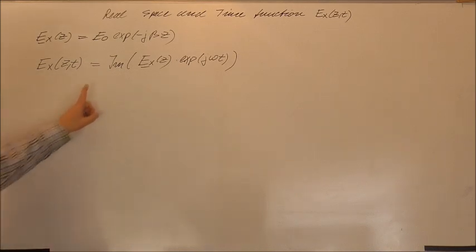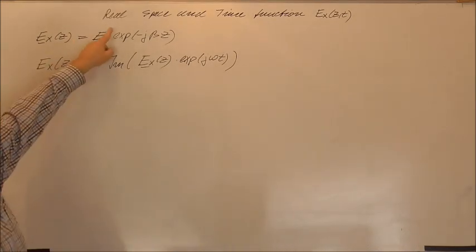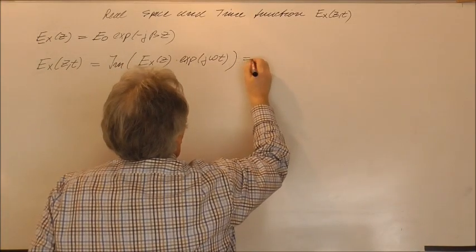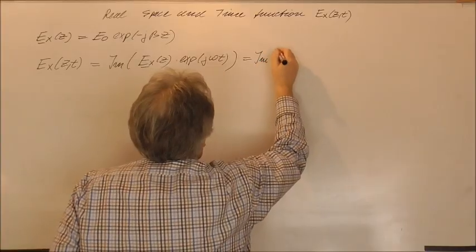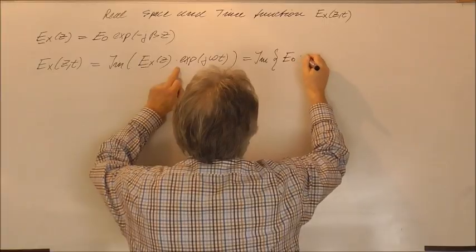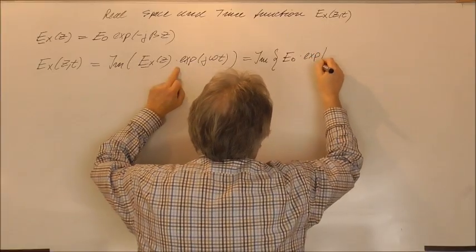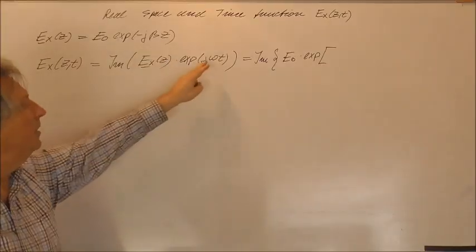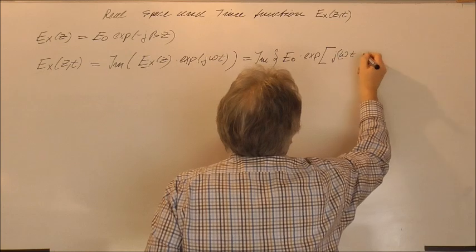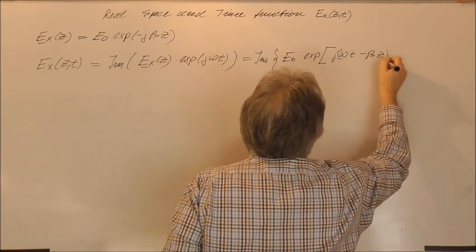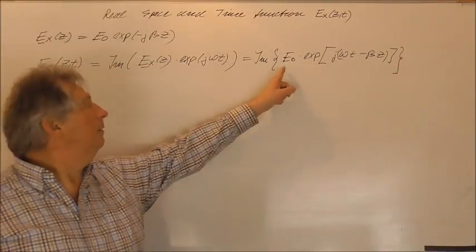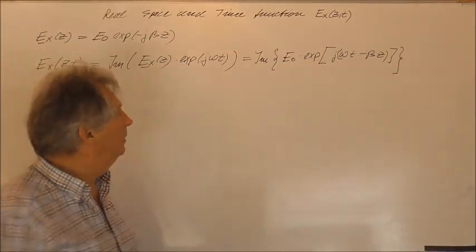And I can include now, here in this case I assume that E naught is a real quantity, and we can rewrite this as the imaginary part of E naught times the exponential function of, now you see we have the two terms, they will add in principle, j omega t minus beta times z. This constant is assumed to be real.